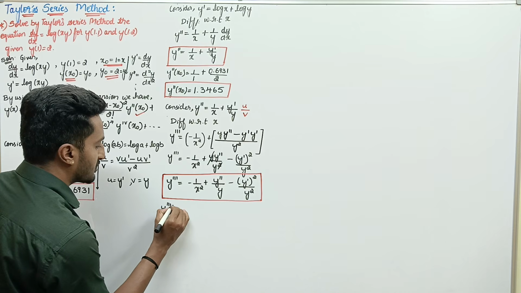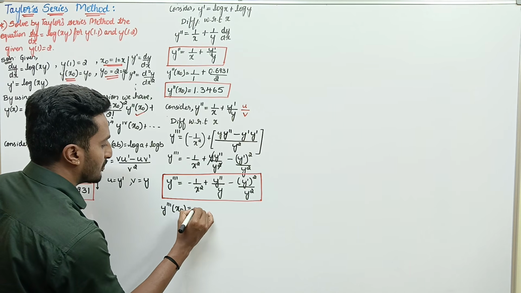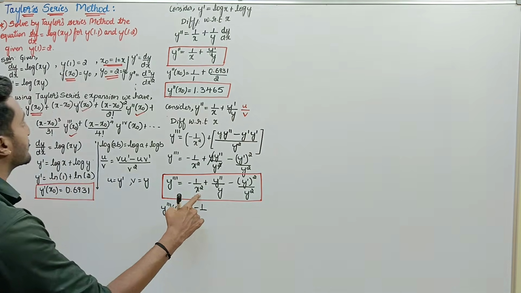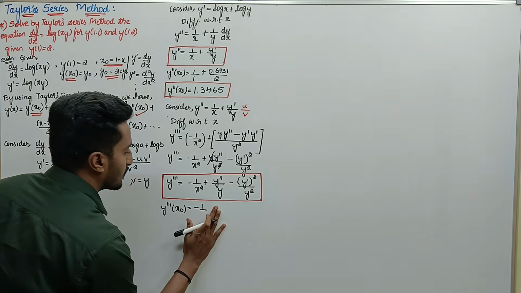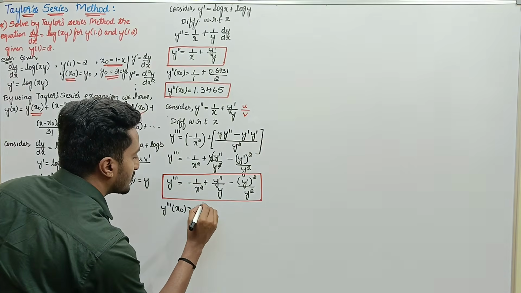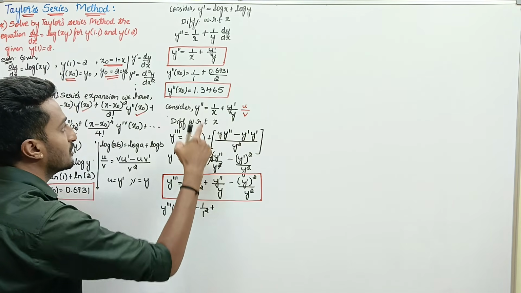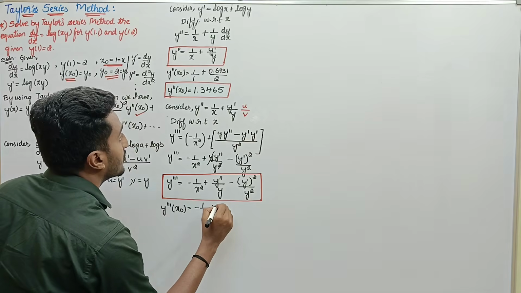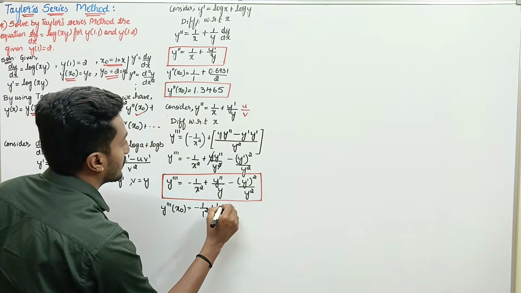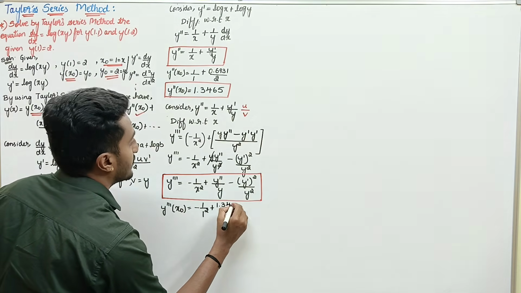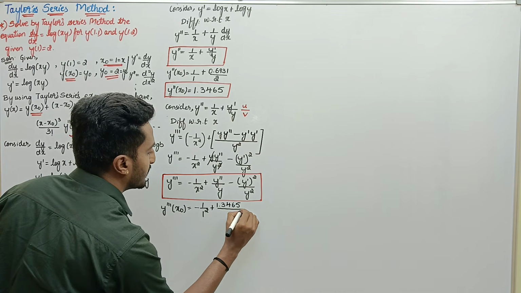y triple dash of x naught, minus 1 by, what is x square? x square is 1 square, minus 1 by 1 square, plus what is y double dash value? y double dash value is 1.3465 divided by y.